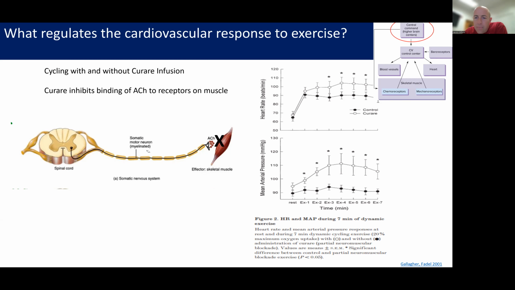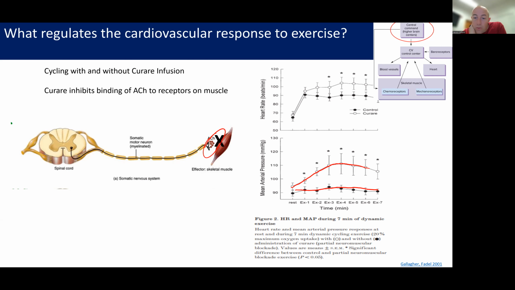So when they poisoned the people with curare and had them do hand grip exercise, no, this is cycling, had them do cycling exercise, same power output. Here's the blood pressure response to the light exercise when they're not poisoned, or blunted with the curare. And here is the same exercise intensity, let's say 100 watts, but now with curare impairing the communication between the nerve and the muscle.